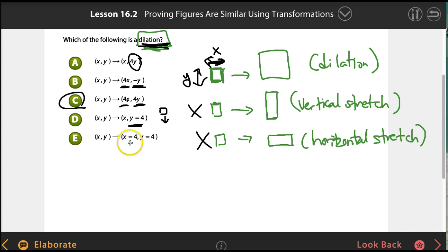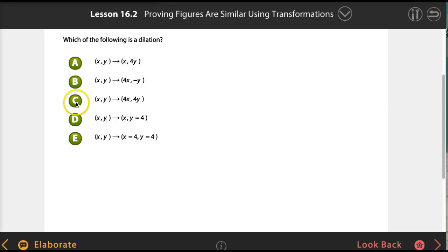And then over here, you're subtracting 4 from both x and y. That means you have a shape, and then x minus 4 means you move it to the left by 4, and then y minus 4 means you bring it down by 4, right? So I want you to understand what every single rule means. But your answer is obviously C.